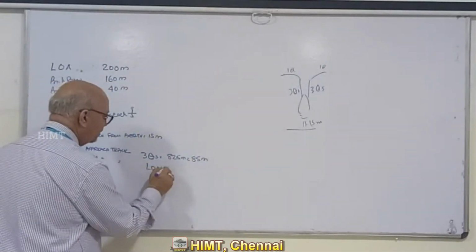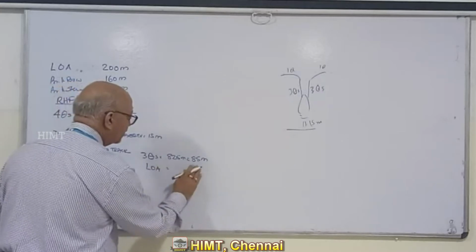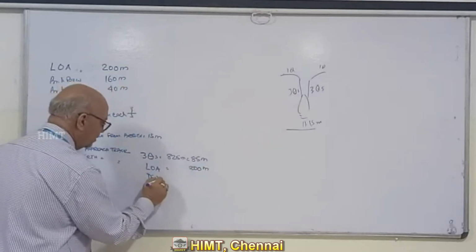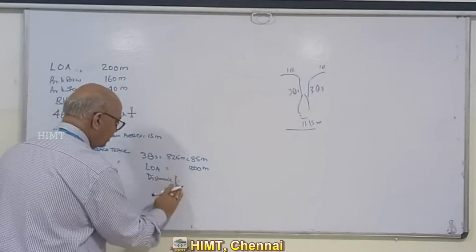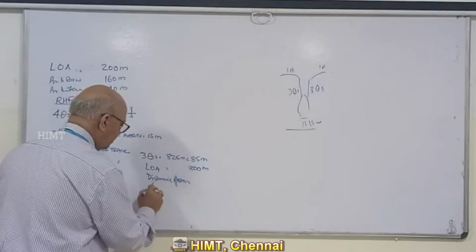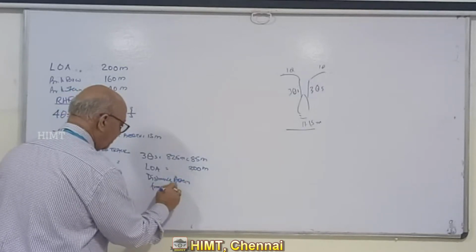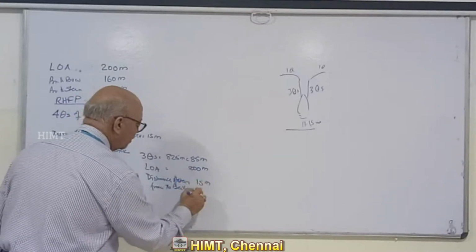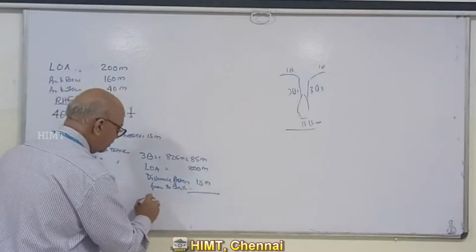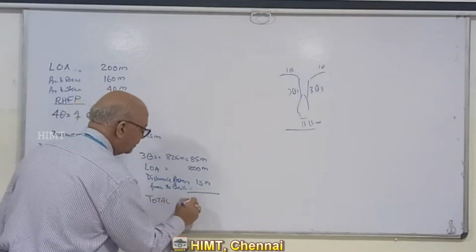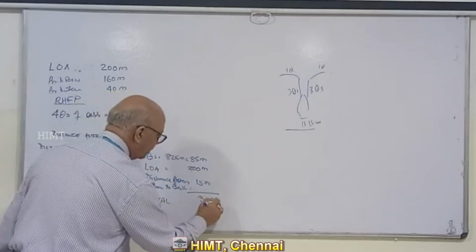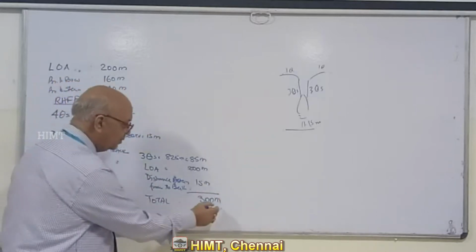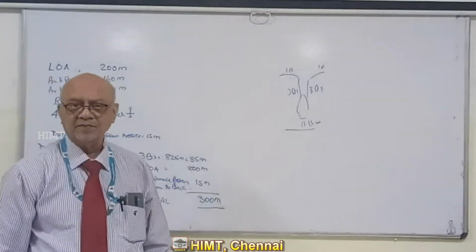Length overall 200 meters. Distance astern from the berth total is 300 meters from the berth.